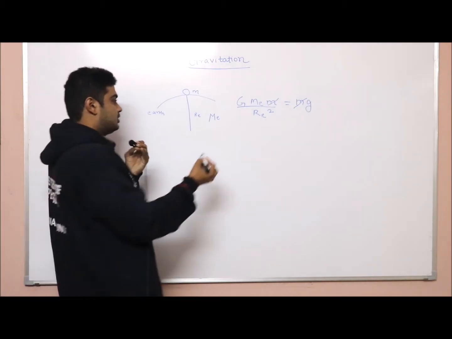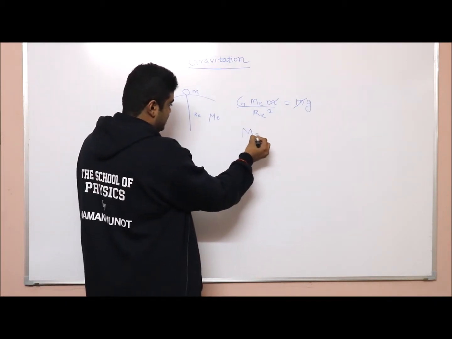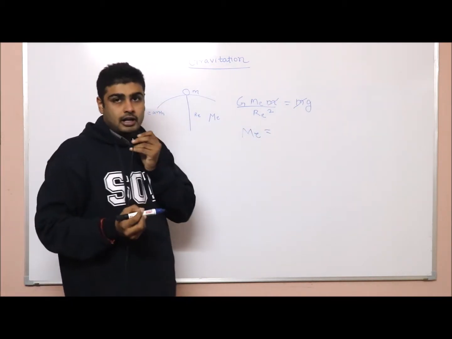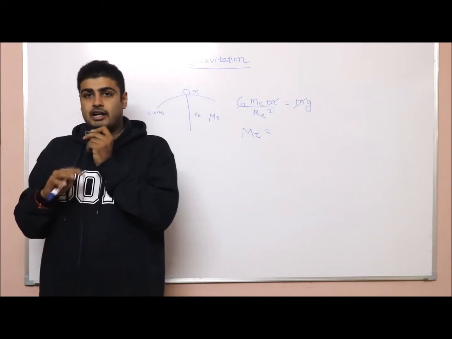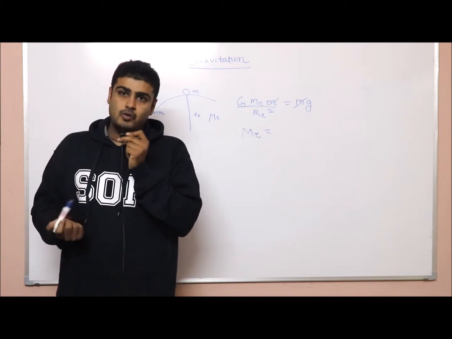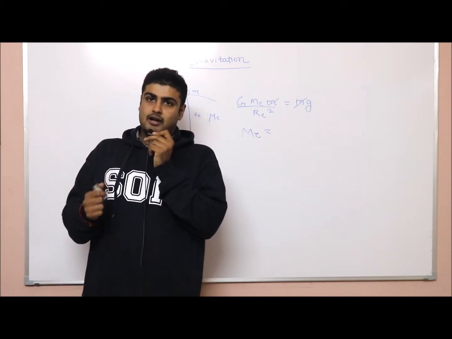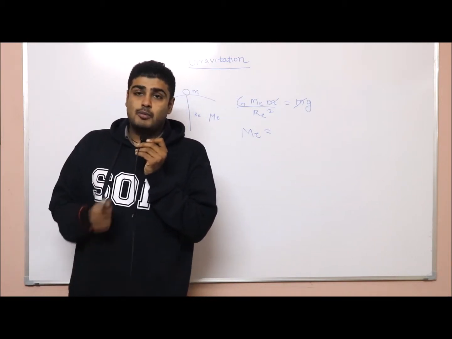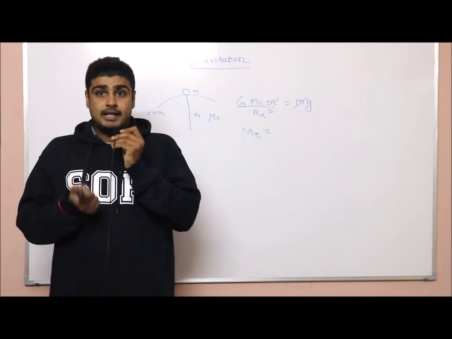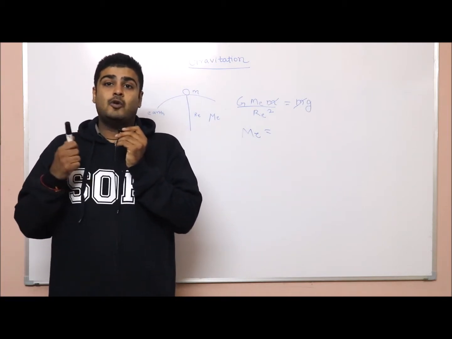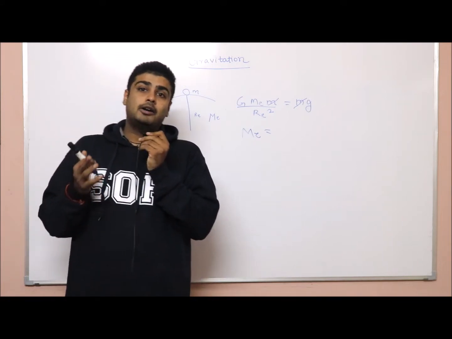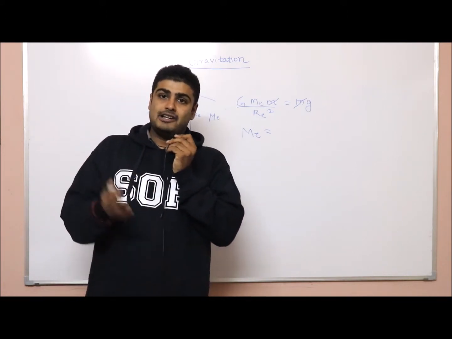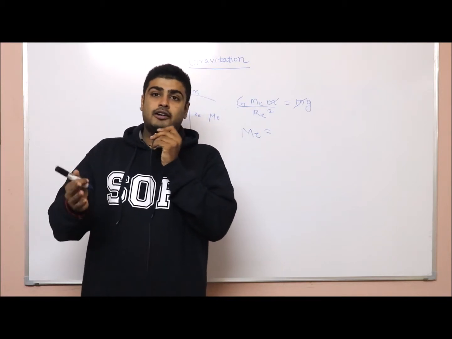Mass of Earth. Any guesses how heavy the Earth is in terms of kg? A lot of times in exam papers these data are not given, so I would advise you to remember all of these data: mass of earth, radius of earth. So the mass of earth is 6 into 10 to the power 24 kg. Just imagine that. And the radius of earth is 6400 kilometers.